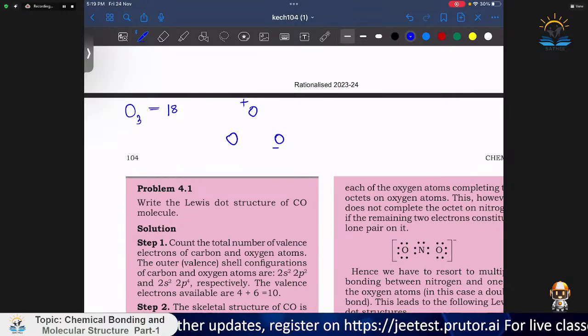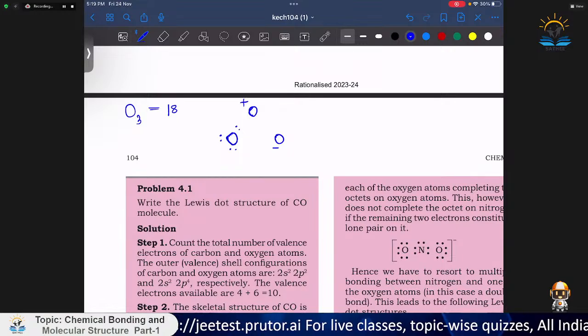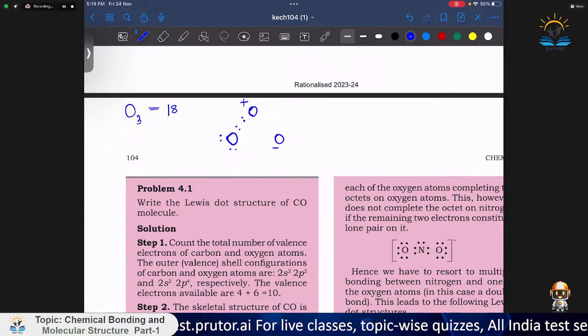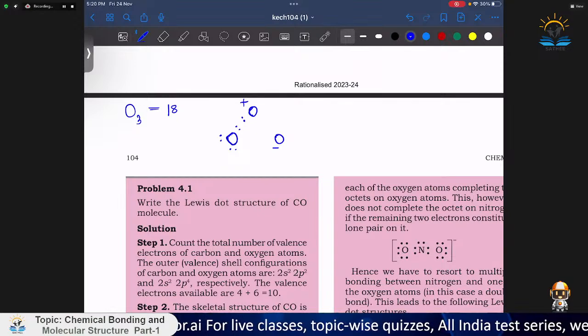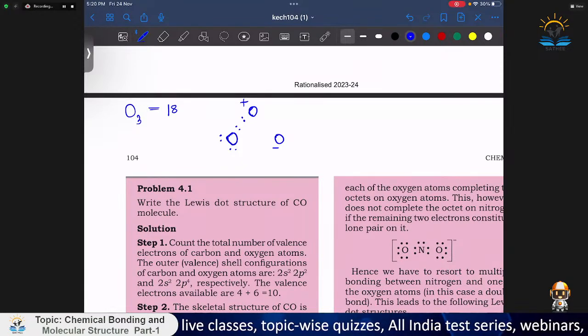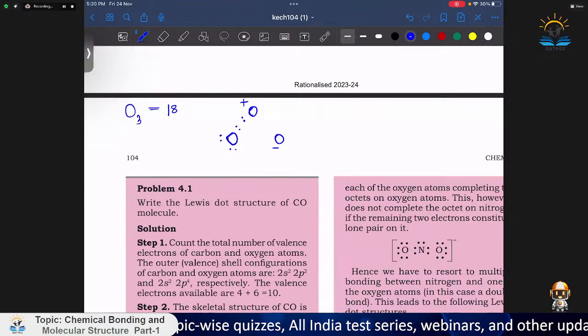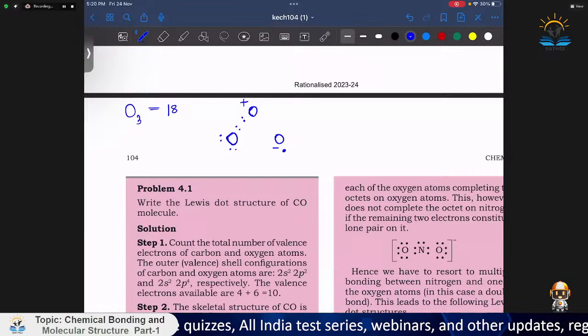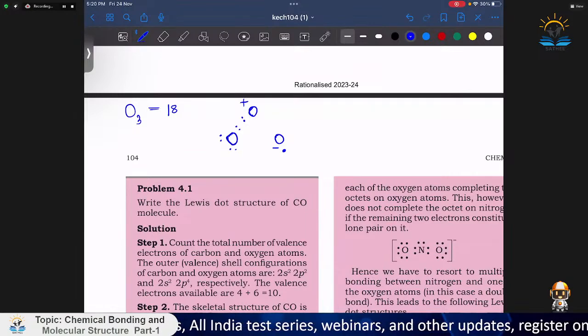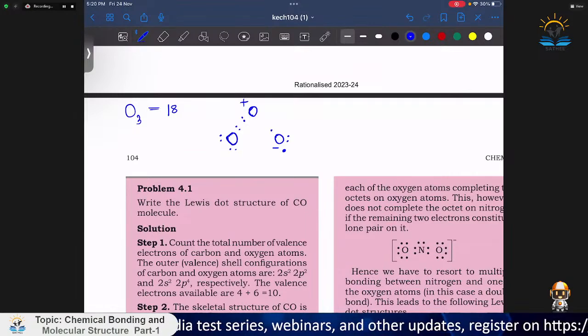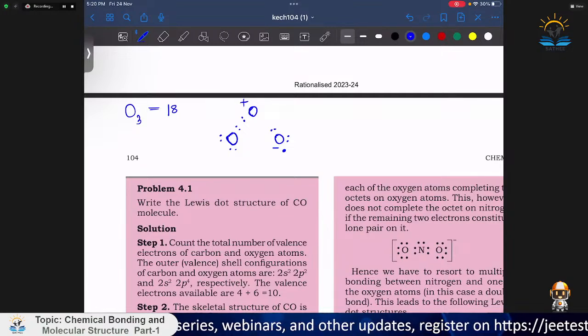So if this oxygen has a positive charge and this one has a negative charge, the neutral oxygen we just draw normally. It is sharing normally with this oxygen. And for the oxygen with a negative charge, we will initially put a lone pair because it has extra electrons.